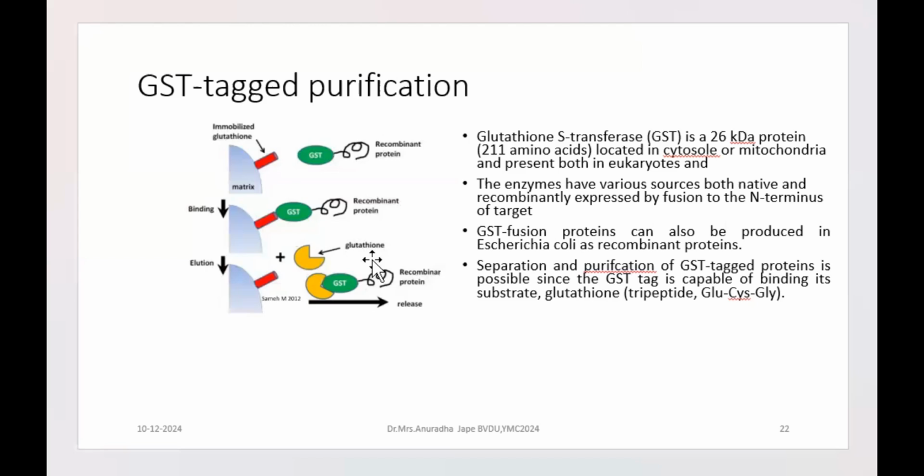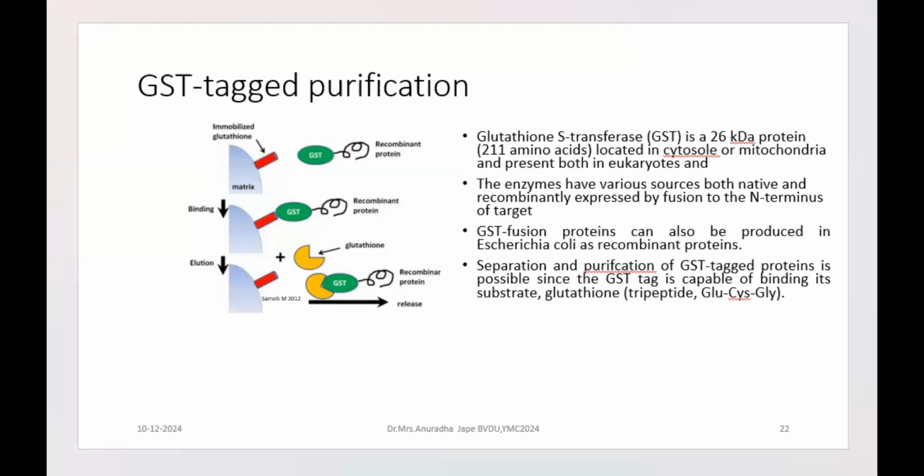But when you add glutathione in the non-immobilized form, it is going to compete with this interaction. It is going to pull this GST towards it and form a complex. So the GST-tagged protein of your interest has now got removed from the matrix, and it will be eluted in the column fraction. It is released, and you can go for its analysis.